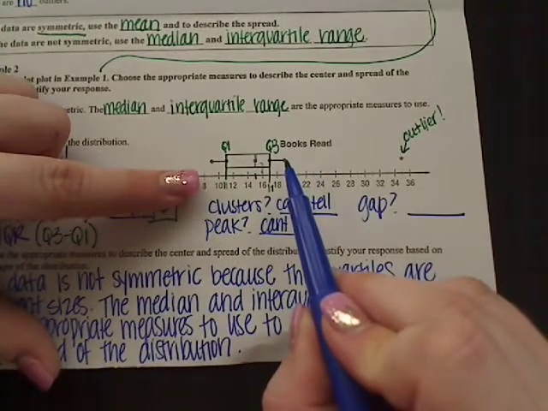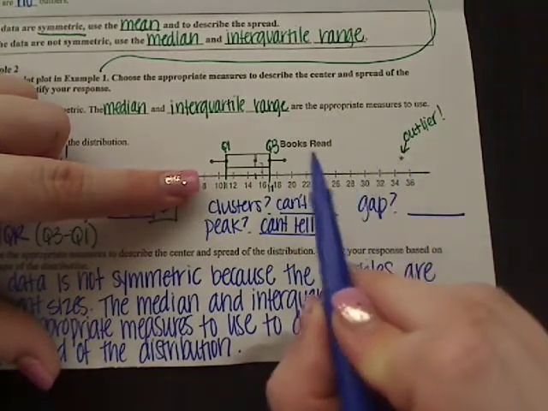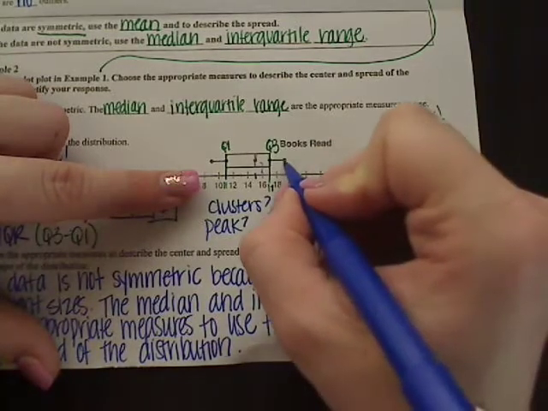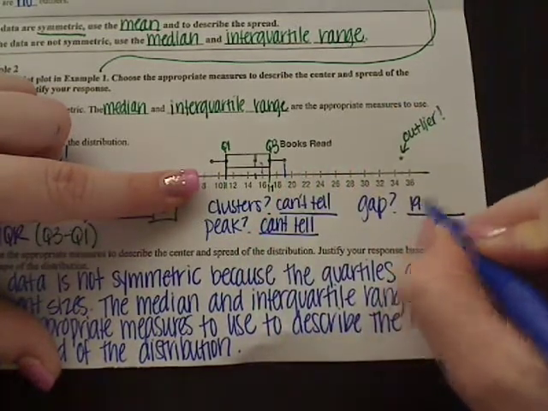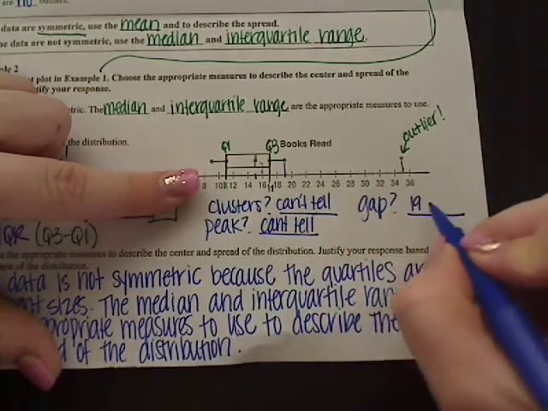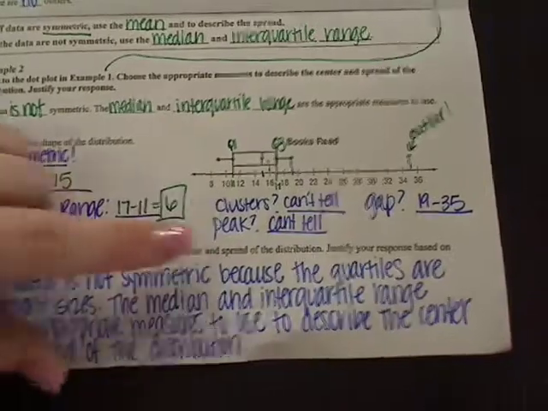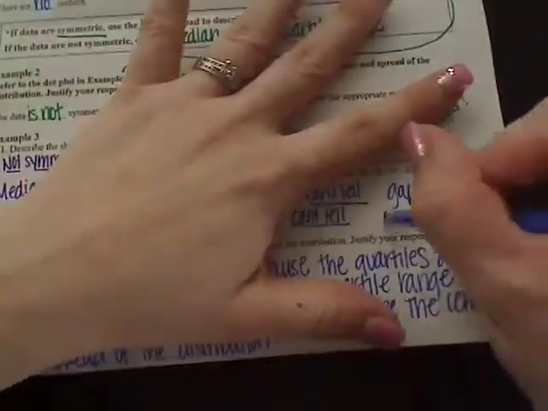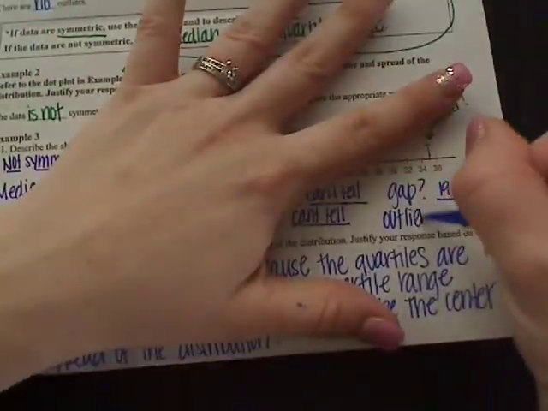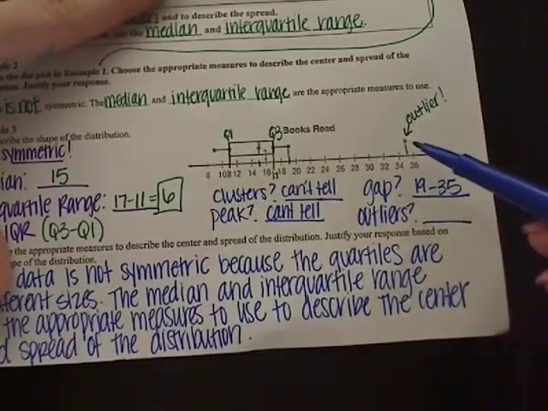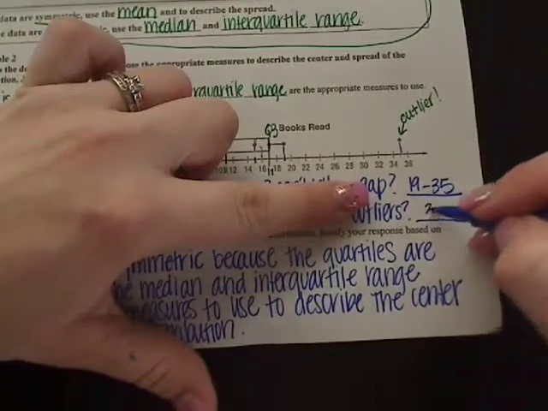I've got this number right here, and then I've got this whole big old gap to this outlier out here. So there's a gap from 19 all the way out to 35. There's a gap. Okay, and then we talked about, are there any outliers? Yes, there's an outlier. It's this random point all the way out here at 35.